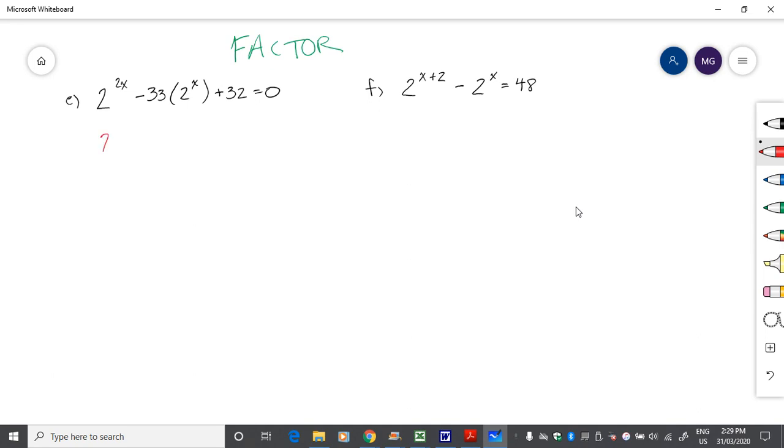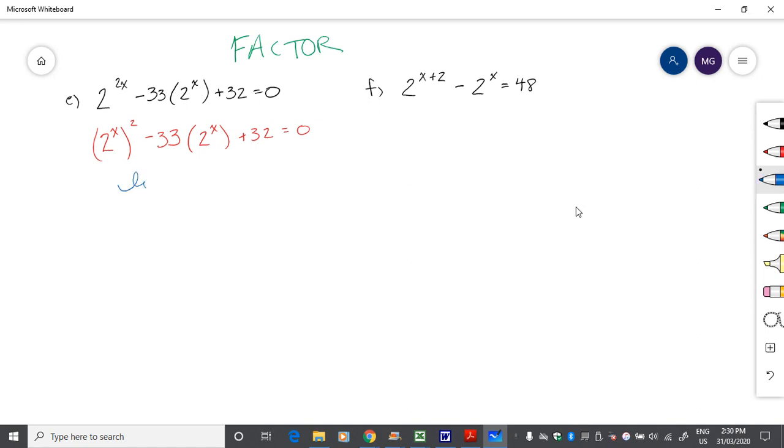But if I rewrote my equation in that form, some of you might see it now. Can we see the quadratic? Can we see our simple trinomial? Perhaps we're still struggling to see it.